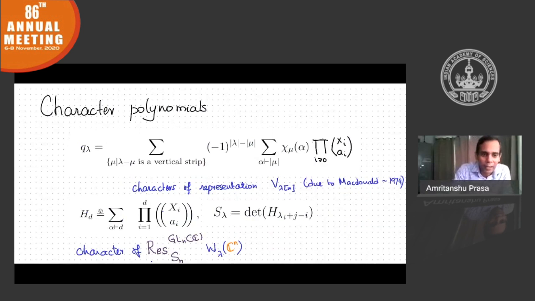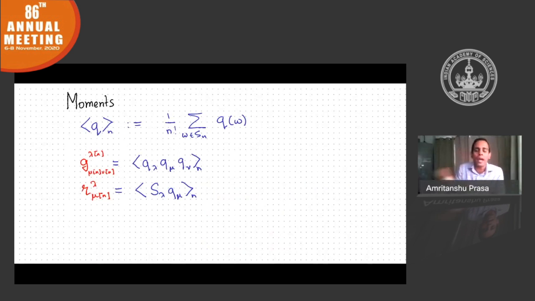Okay, so we have these formulas, and another thing that we need to do these character calculations is we need to know how to average the values of characters over symmetric groups. And once you do that, you can express constants which are the problem and the restriction problem in terms of these polynomials that we have found formulas for and this averaging function.